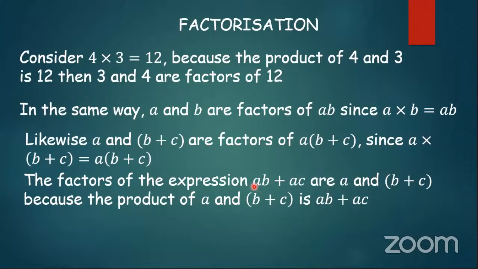And in this case, our common factor will be what? A. So that is why we are saying the factors are A and B plus C. When we multiply A and B plus C, they give us AB plus AC.